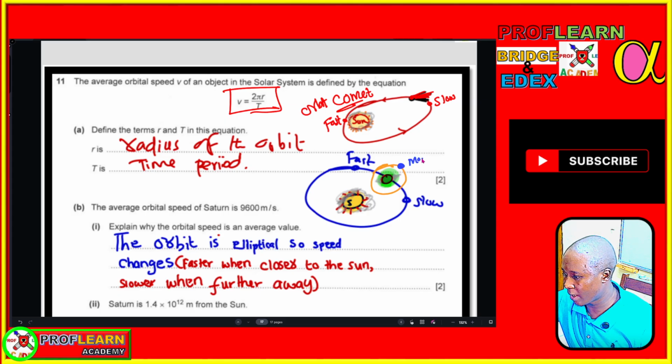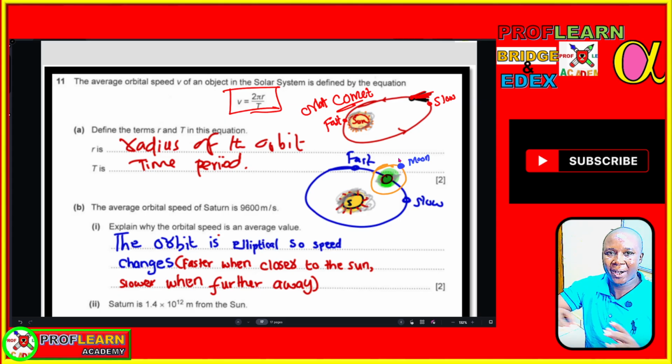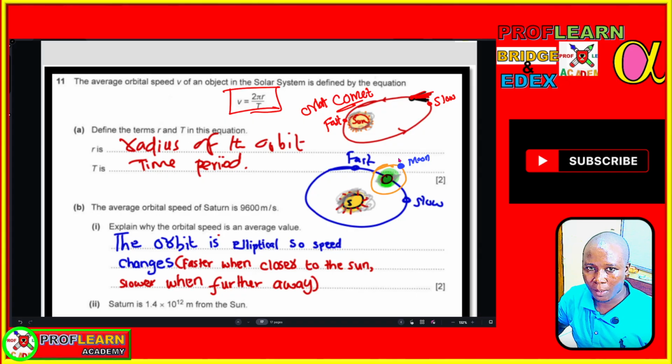Maybe we can talk of the moon. The moon has a circular orbit. It orbits around a planet. So you need to understand differences between the orbit of a comet, the orbit of a planet, and the orbit of the moon or a satellite, so that whenever you're asked about differences and similarities, you can mention them.